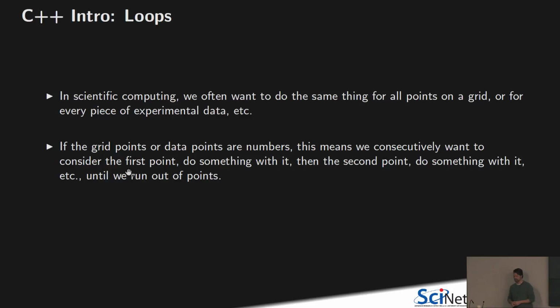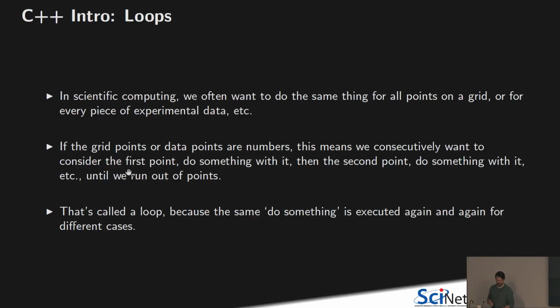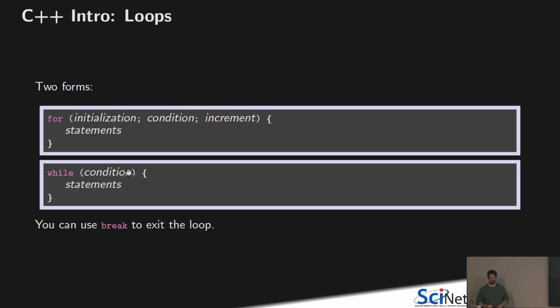But the way C++, at least traditionally, sees this is kind of funny. We take the first element of whatever we want to do, and then we skip to the next element, and we check if it's the last element, and we keep checking that rather than just saying, just go over this whole set of numbers. So it kind of looks like this.